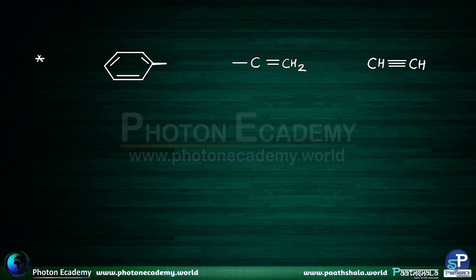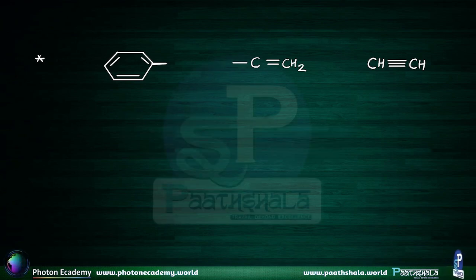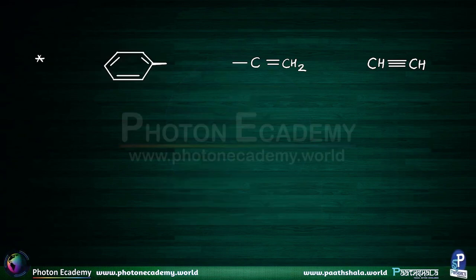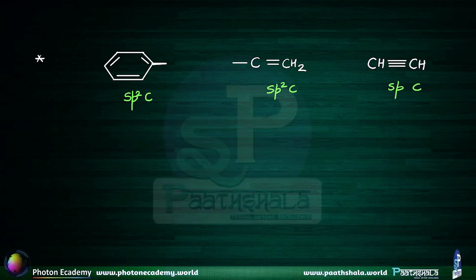See, in these cases, we can mark and see that this, that is this phenyl group, is sp2. We have sp2 carbons here. Here again we have sp2 carbons, and in this case we have sp carbons. So previously we have done that sp carbon has greater electronegativity than sp2 carbon.